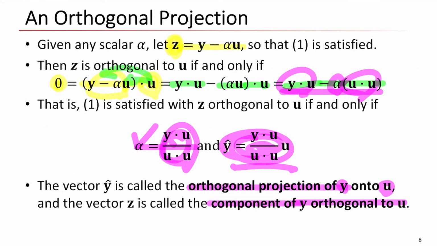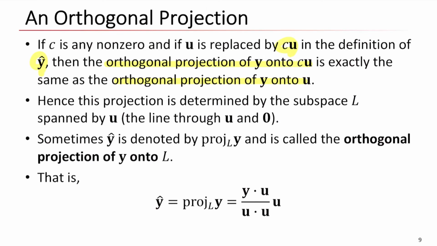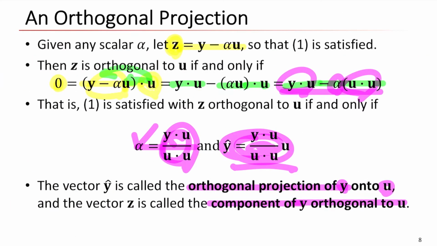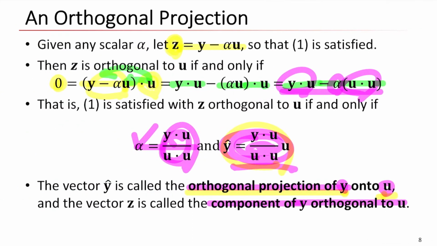Because the orthogonal projection of y onto u was this one, and the orthogonal projection of y onto cu will be what? Something like this, right?